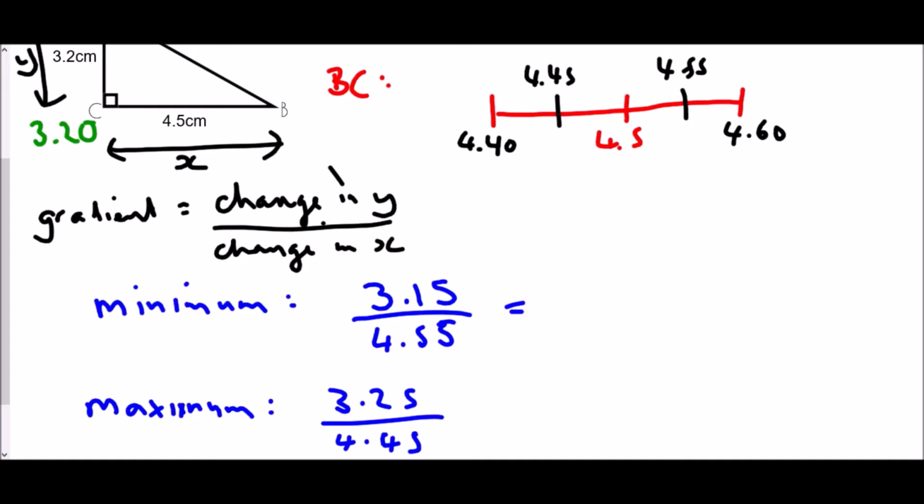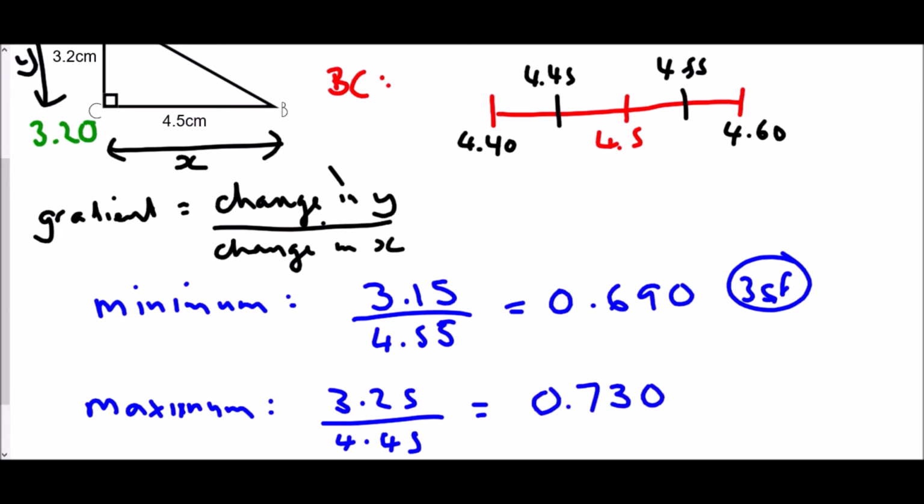So 3.15 divided by 4.55 is 0.690 to 3 significant figures. And the maximum, 3.25 divided by 4.45, well, that is 0.730, again, to 3 significant figures.